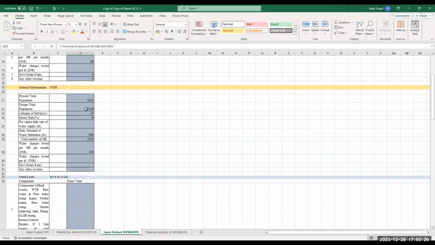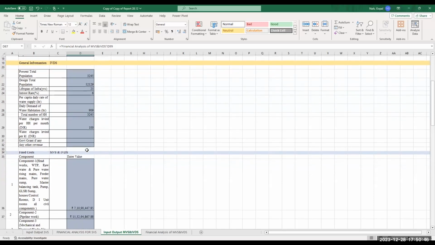And design total population, and there is some mistake here. Then the lifespan and interest rate, daily demand for water for the whole habitation, and so on.